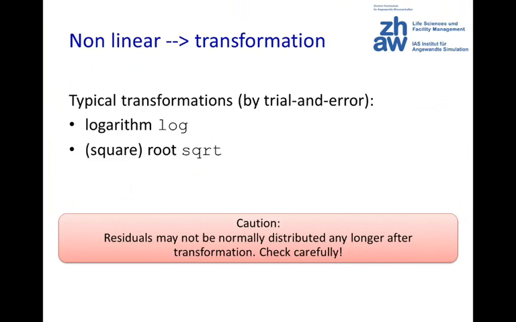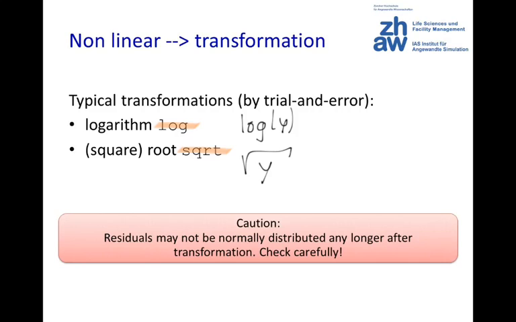So what can you do in this case? Well, the easiest thing, if so very complicated to do in terms of choices, is a transformation. There are two very typical transformations, the log transform and the square root transform, just meaning that you take the logarithm of your y values or the square root of your y values.